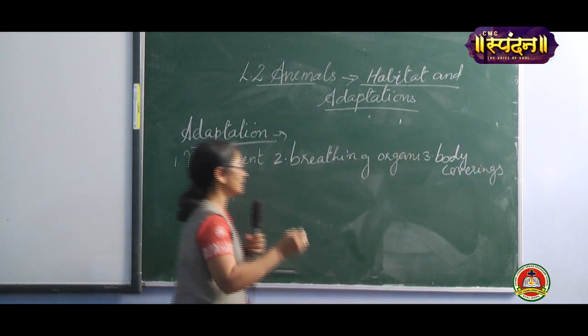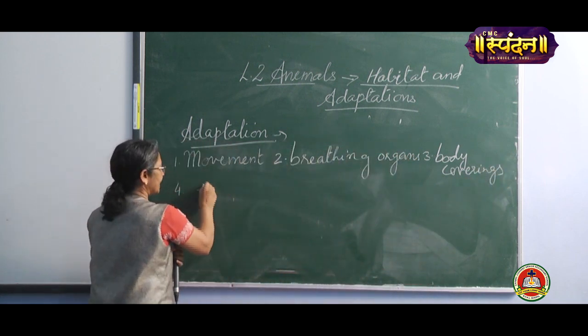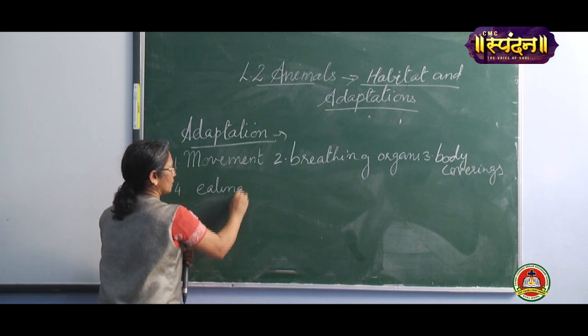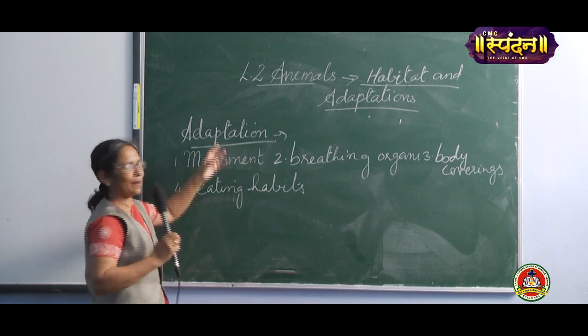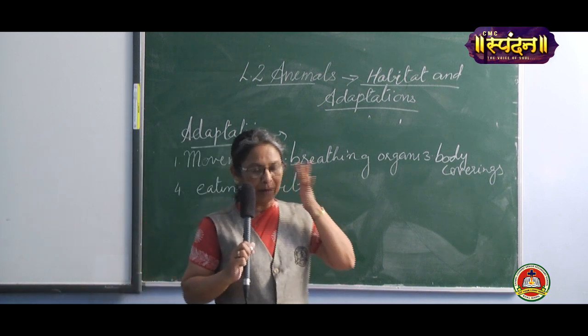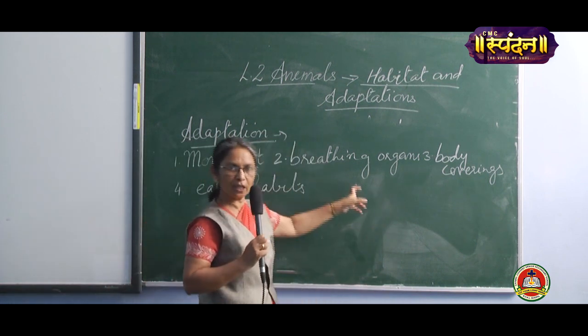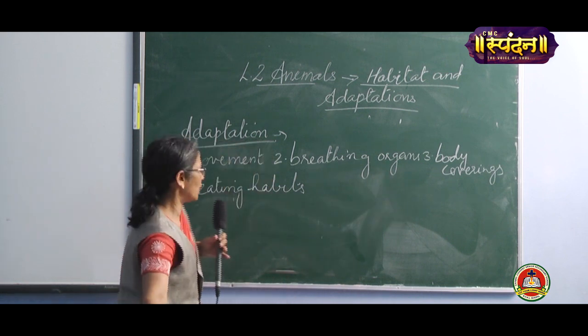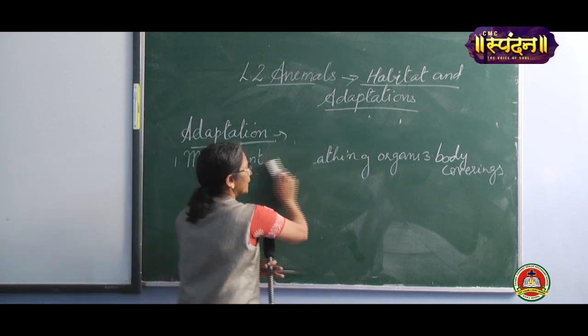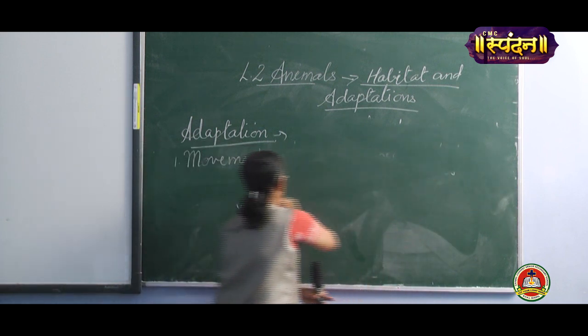And the last one is eating habits. Okay, so adaptations can be in their movement, breathing organs, body coverings, and eating habits, children. Now we'll go one by one. The first one is movements.